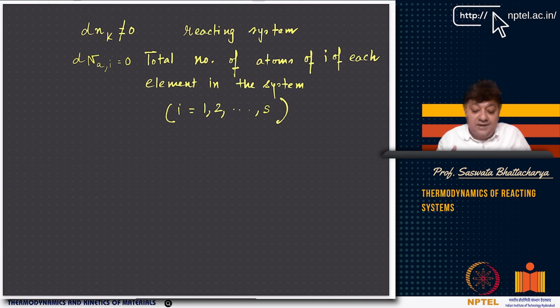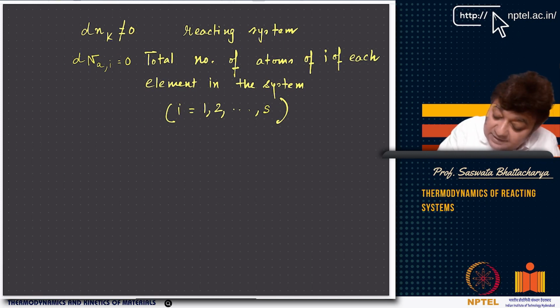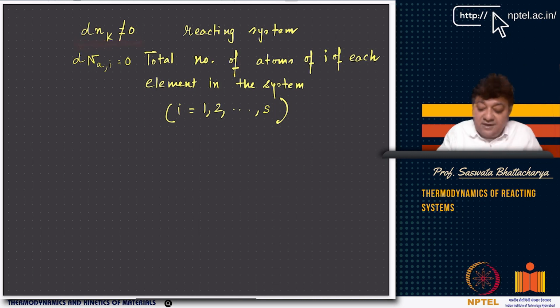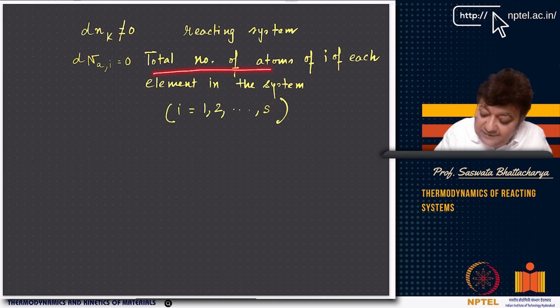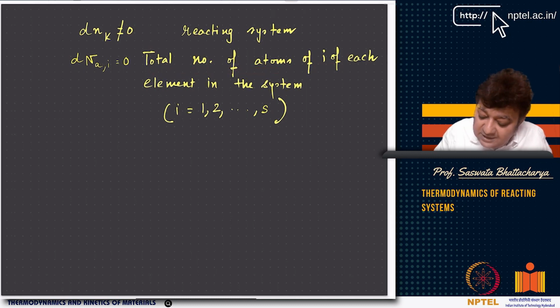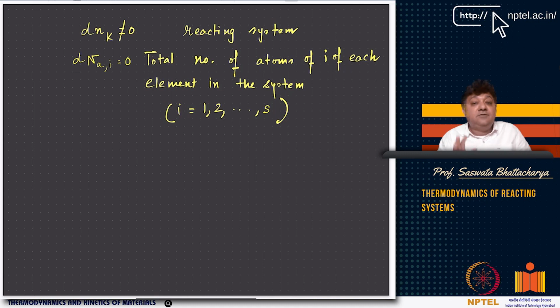However, for a reacting system you cannot do that, you cannot use dnk equals 0, since there is a possibility that dnk is not equal to 0. Although the total number of atoms of each element in the system will remain conserved, for example, if the total number of starting atoms of carbon is 100, then it will remain 100 even after reacting.